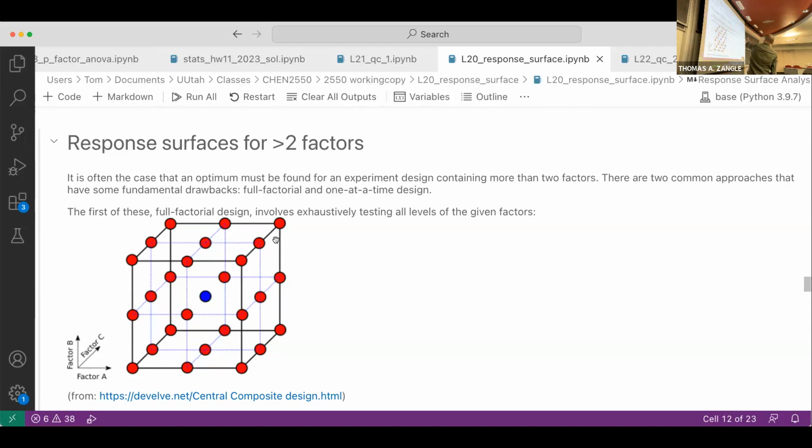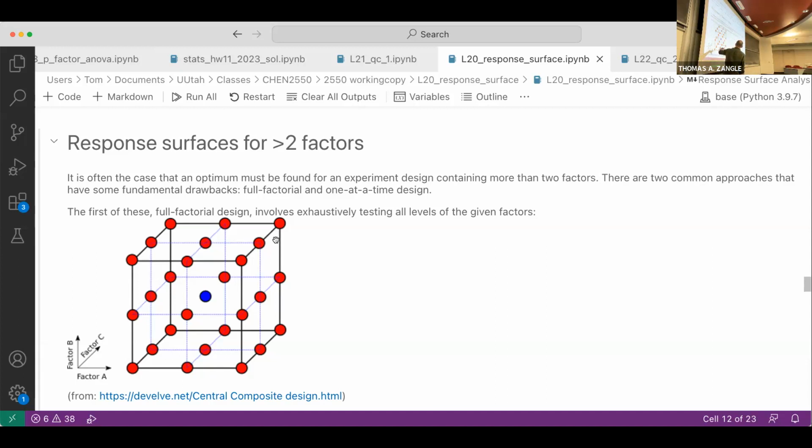Full factorial design: let's consider we have 3 factors, A, B, and C, plotted along these 3 axes. Let's say we divide the space for each one of those factors into 3 potential levels.